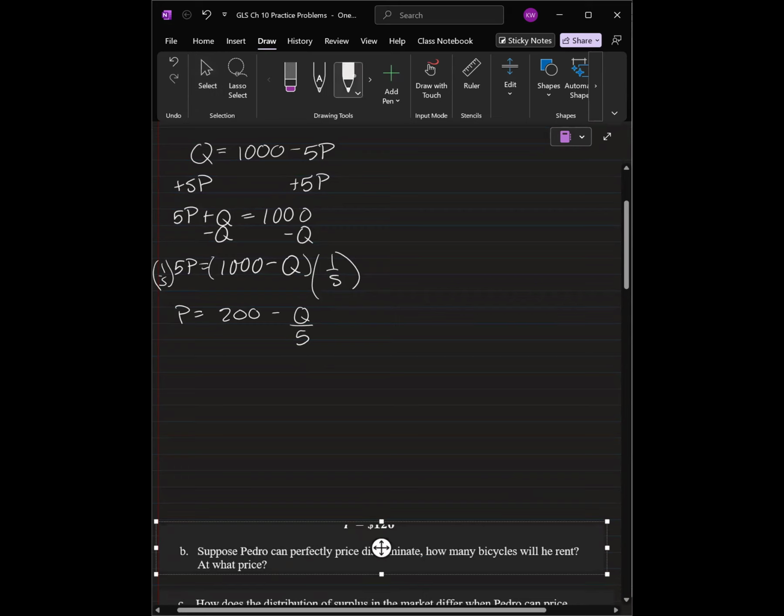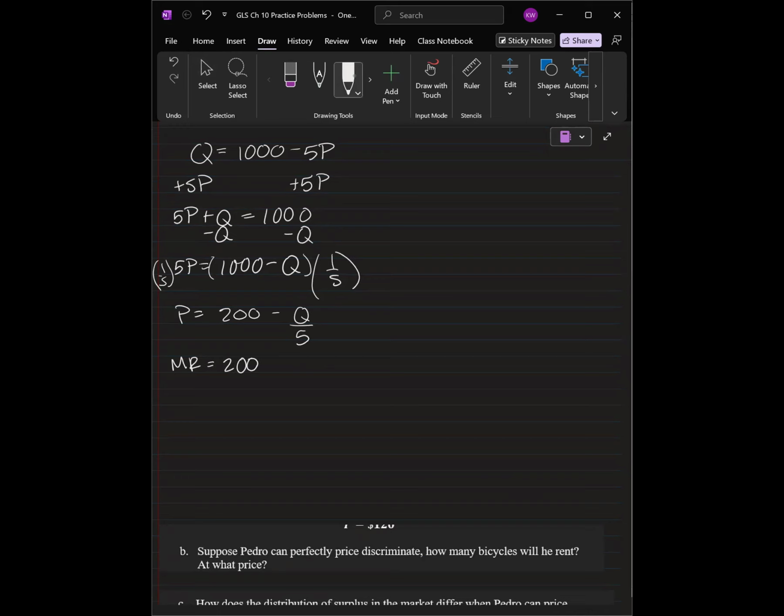From there, we're going to find his marginal revenue equation. And since he's a monopolist, we know that his marginal revenue curve is twice the slope of his demand curve. So we're just going to double this 1/5. That's modifying quantity. So we'll have marginal revenue equal to 200 minus 2 over 5 times quantity.